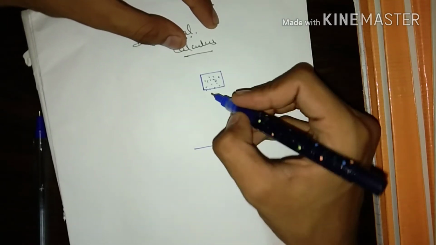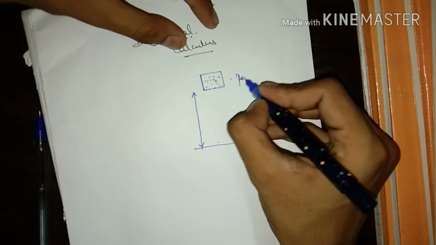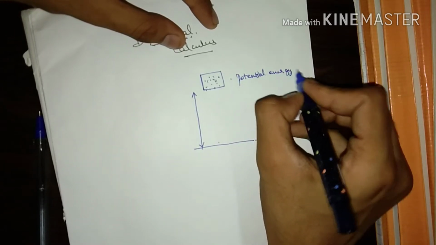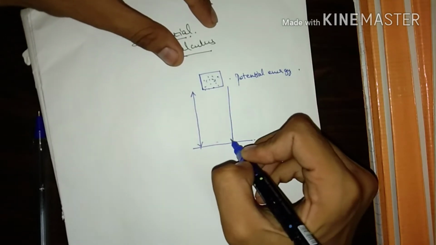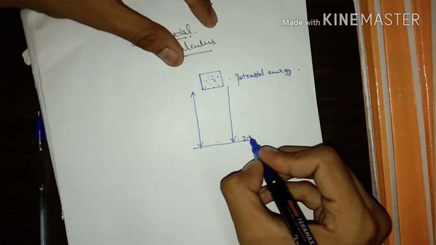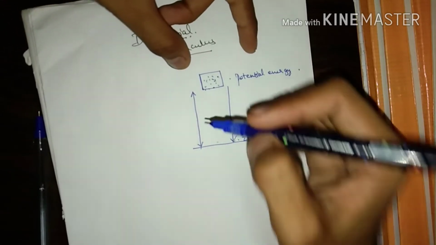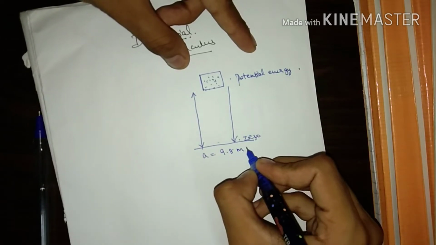Since it is at a height, it contains potential energy, as you know. We shall not get into energy now. As it comes down slowly, the potential energy changes to zero.